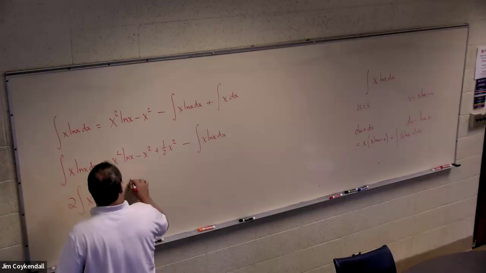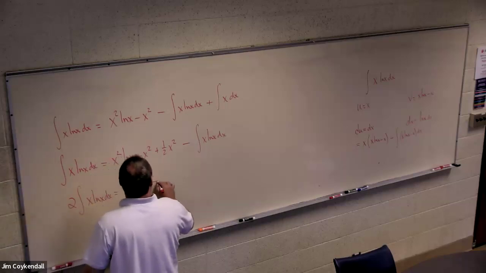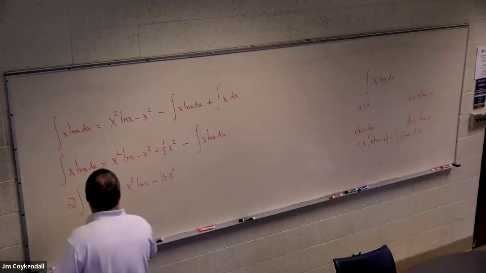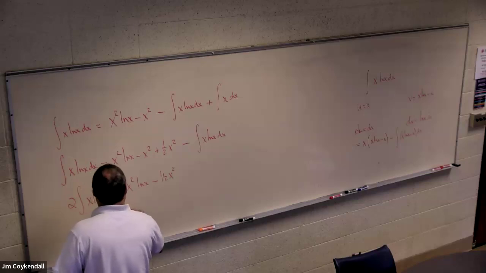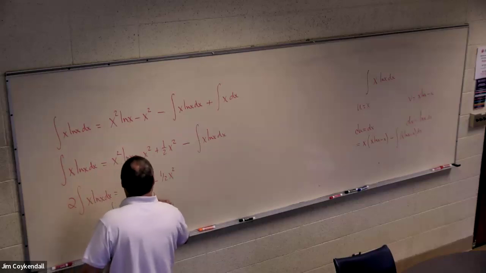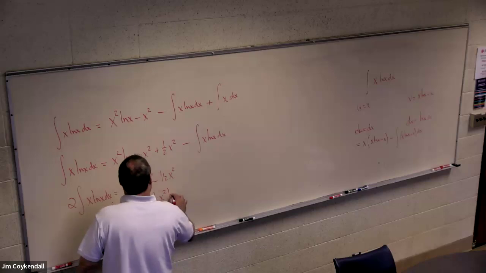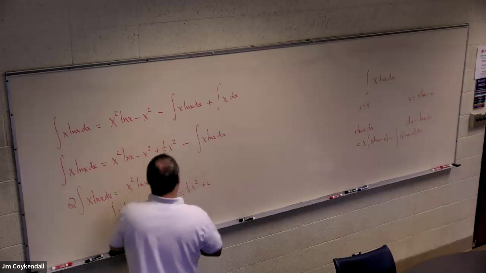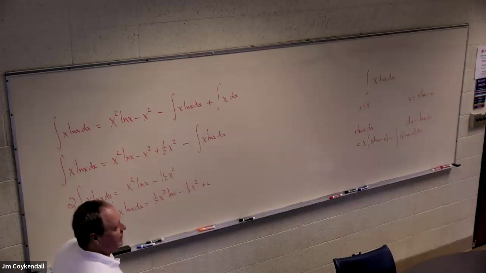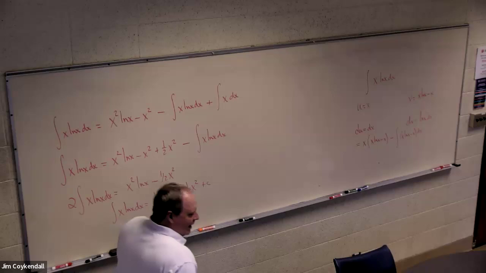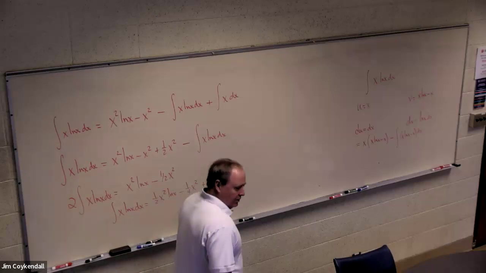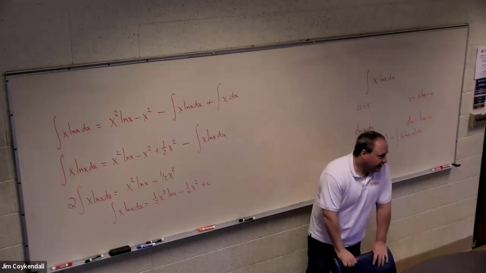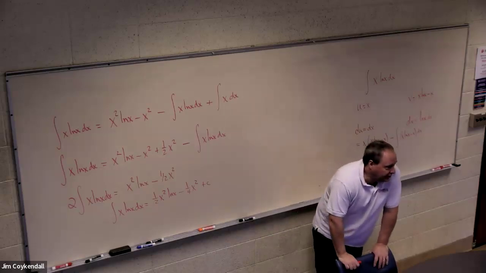This is going x squared log x minus 1/2 x squared. Or in all its glory, the integral of x log x dx is 1/2 x squared log x minus 1/4 x squared. And that's the same as the other way.